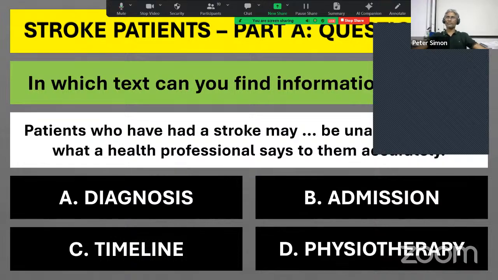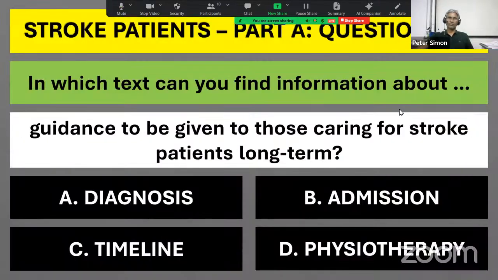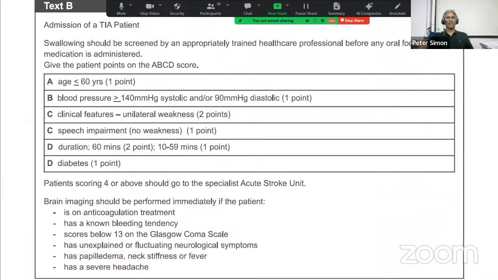So let me take B first. Okay, now let us say B. Yes, here is B. Come on, check in that one. Is it there in B?